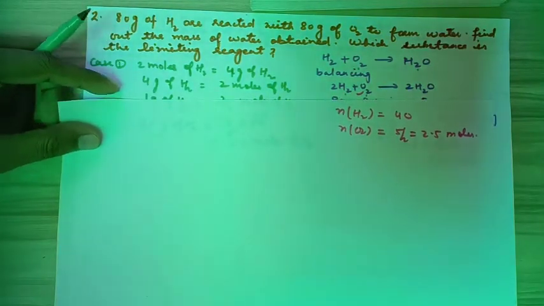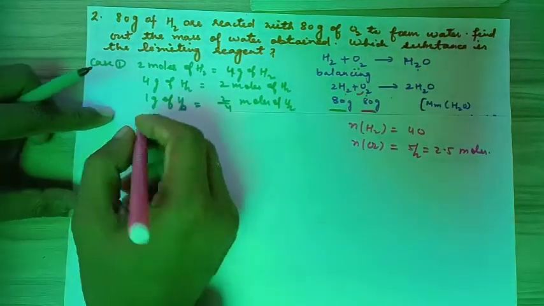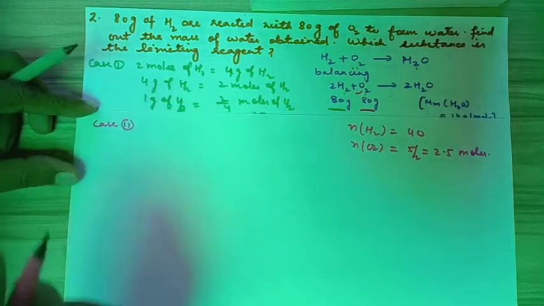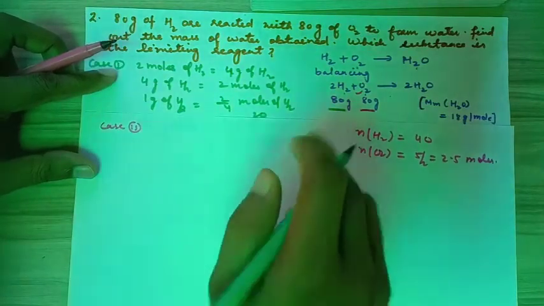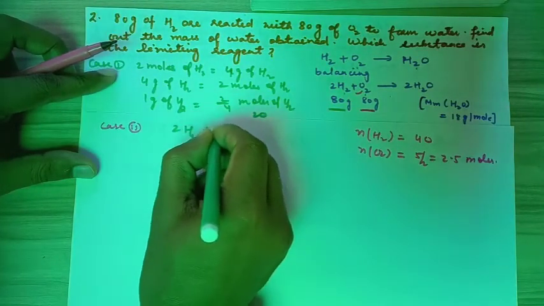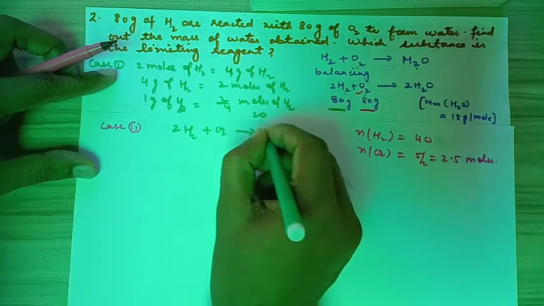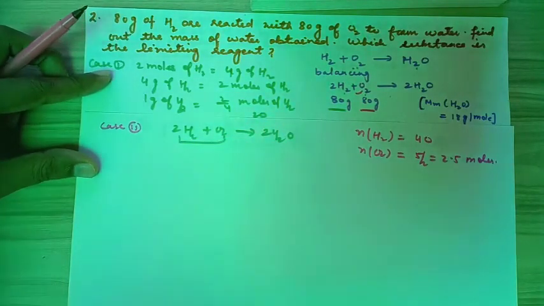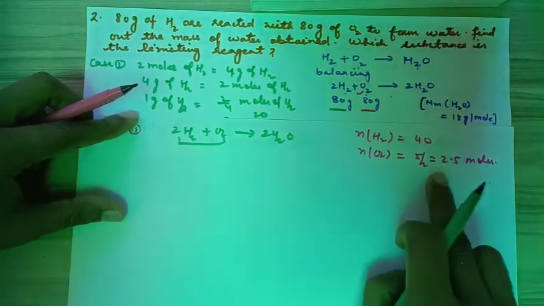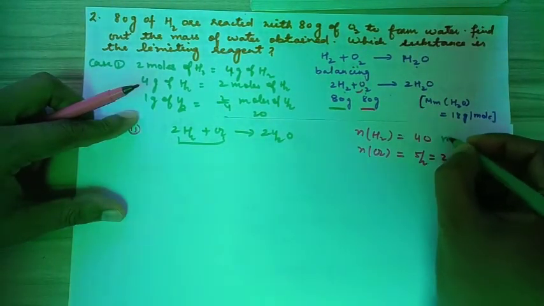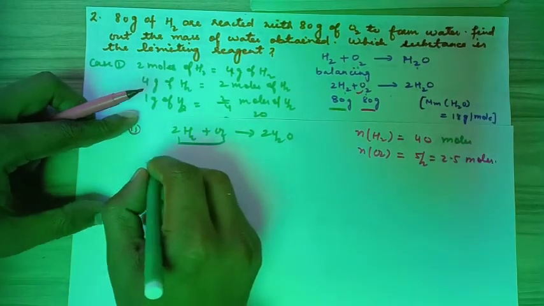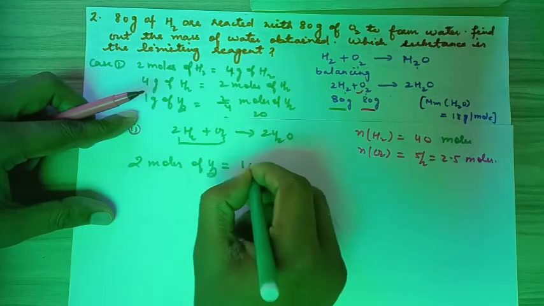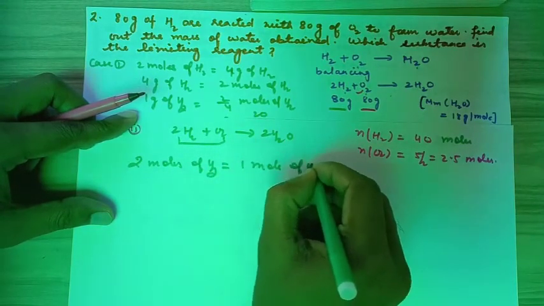moles. Now we will be using part 2, that is case 2. We'll be using the equation 2S2 plus O2 will give us 2S2O. Now we will compare these two parts to find the limiting reagent after comparing the number of moles. Now here 2 moles of S2 gives 1 mole of O2.